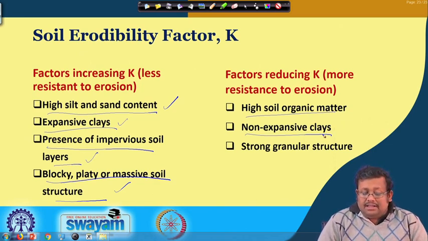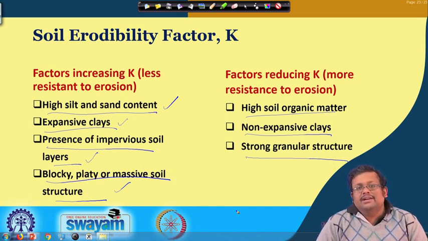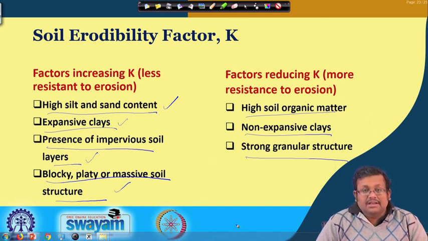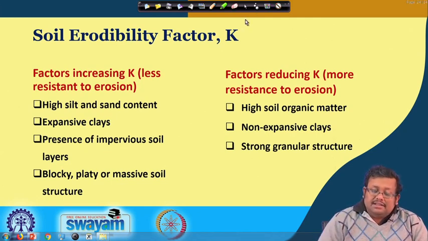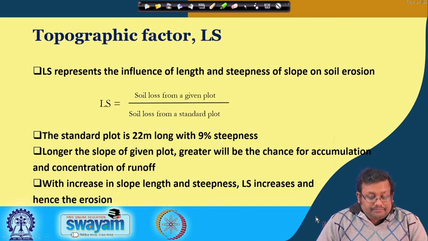And finally, strong granular structure helps in more water movement, and as a result there is less erodibility of soil. So these are the different factors responsible for either increasing or decreasing soil erodibility.